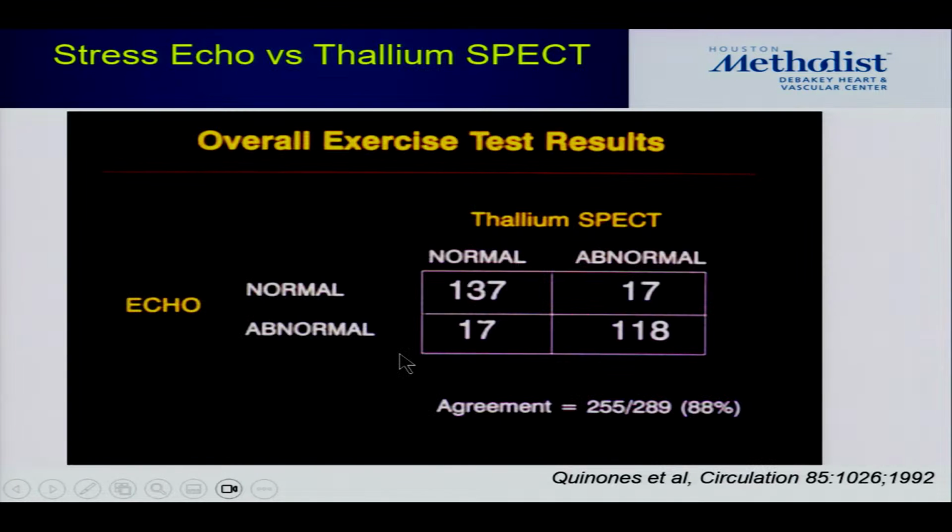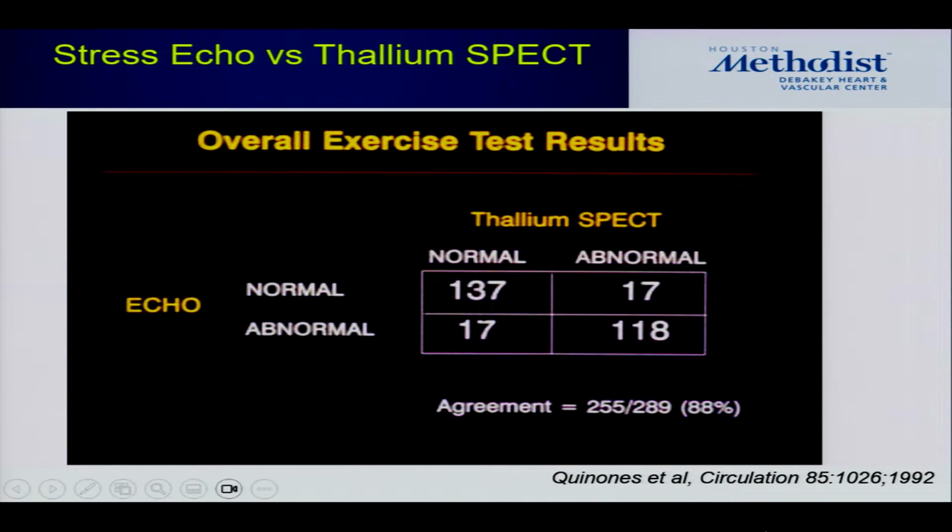Close to 10 years later, though, when we were now doing this on a more routine basis, we did this other study that was very important, where something like 289 patients underwent simultaneous thallium and stress echo. So the same treadmill, but on the same treadmill, they got injected for the nuclear and they did the ultrasound.